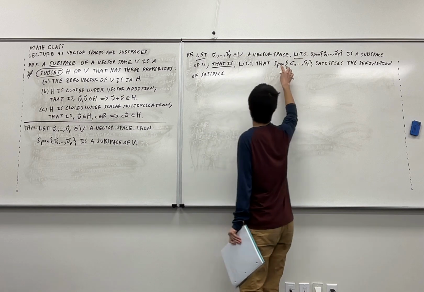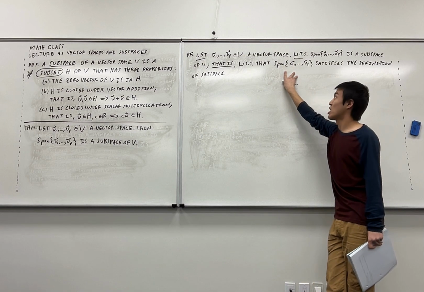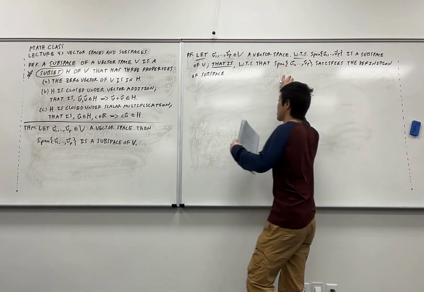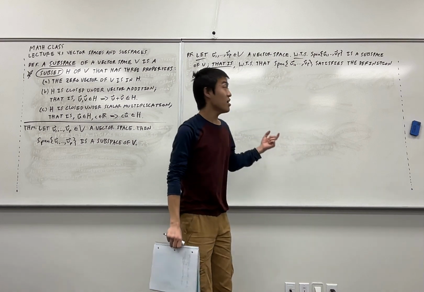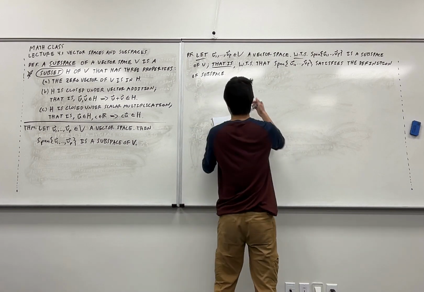For convenience, because if I have to write out span of V1 to Vp every single time I want to refer to the span, that's going to get really obnoxious. So we're just going to quickly relabel it to H. So every time we talk about H, we're really talking about the span, okay? But notationally, it's just going to be much easier to write.